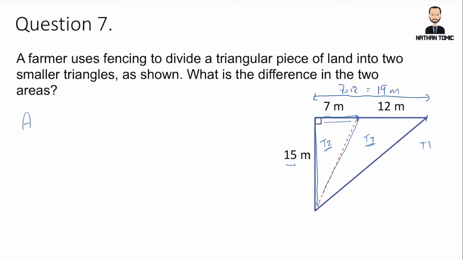So the area of T1, and that's how we'll write it, is equal to half of the base times height. You notice I keep writing the formula just to keep putting it in my head to remember it.